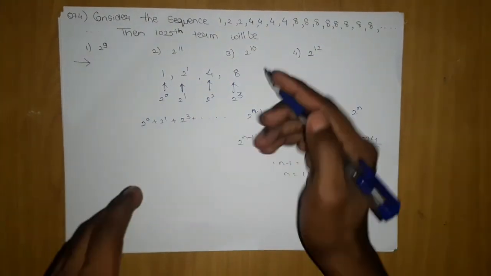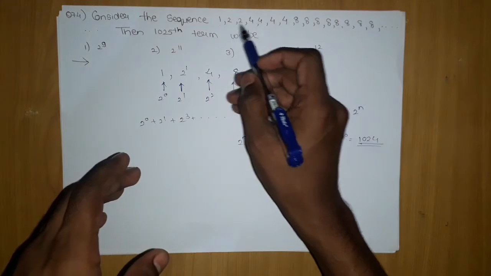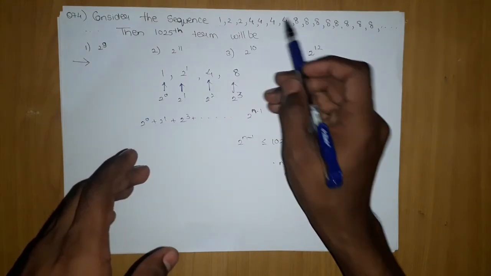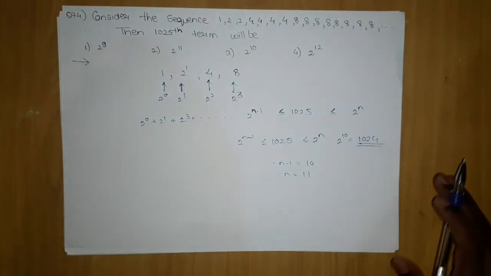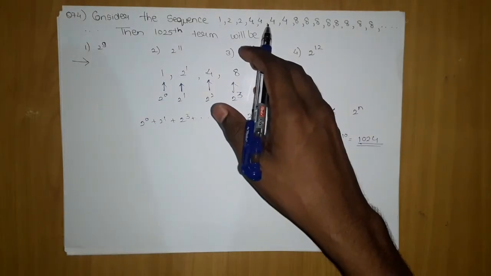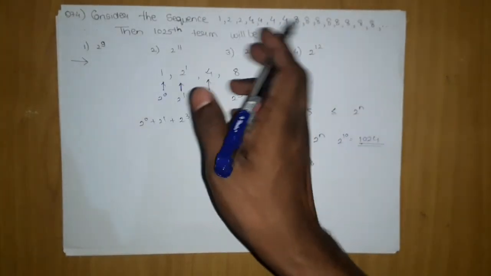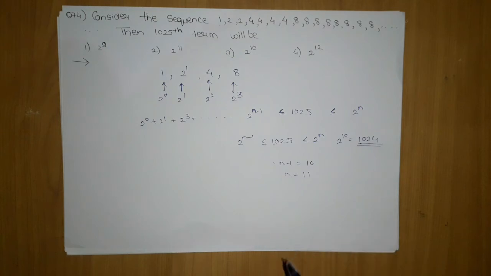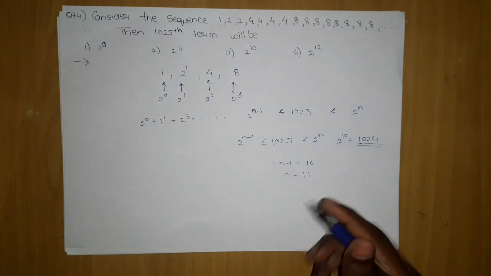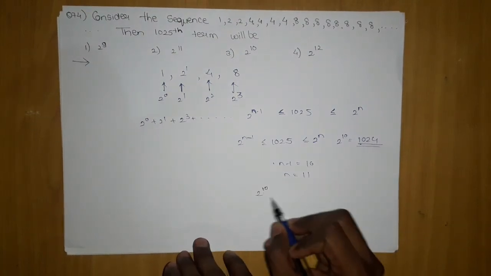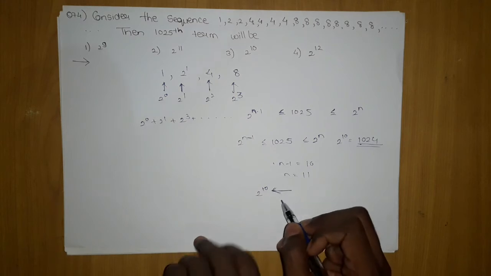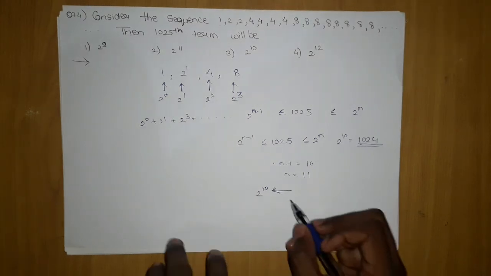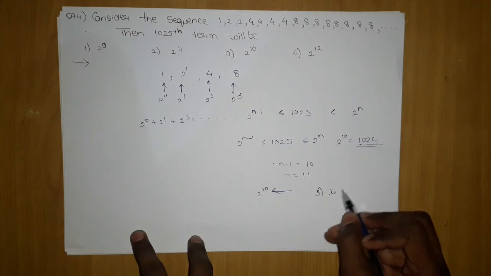Although the number will be the same, like here the third term is 4, the 4th term is 4, the 5th term is 4, the 6th term is 4, and the 7th term is 4. So in between, the number will be the same. So 2 power 10 is the answer, the lowest common possible nearby number. So the third option is the answer.